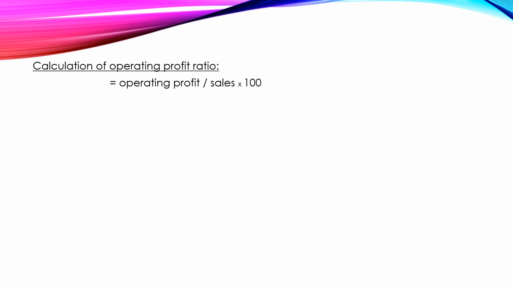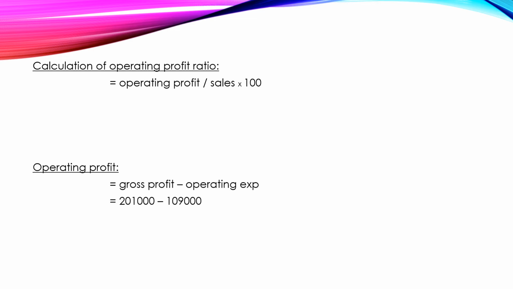Next, calculation of operating profit ratio. Operating profit ratio is equal to operating profit divided by sales into 100. Now we are going to calculate operating profit. Operating profit is equal to gross profit minus operating expenses. Gross profit 2,00,000 minus operating expenses 1,09,000 is equal to 92,000.